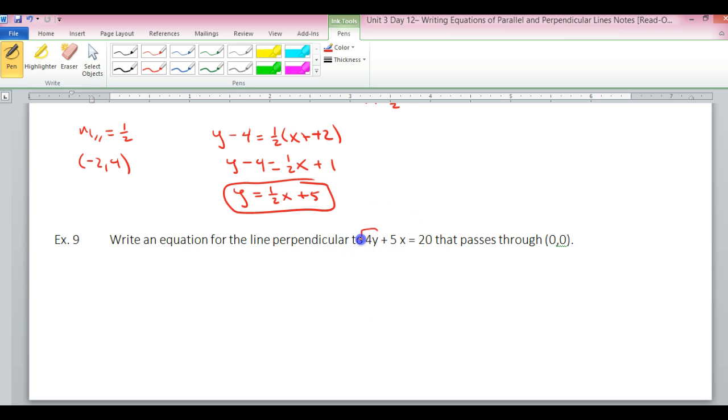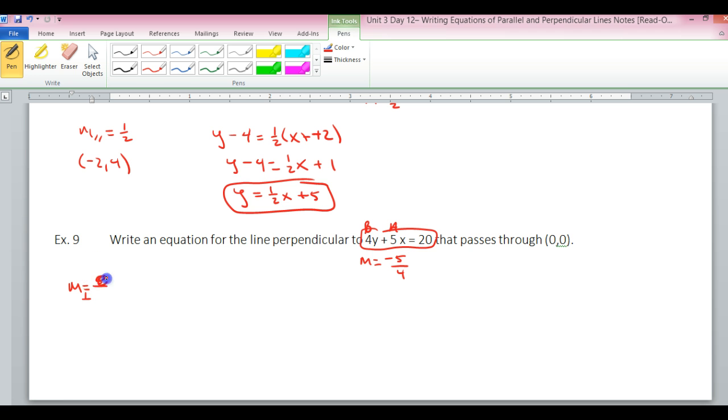Okay? Slope of this line. It's definitely not in standard form. But if I look, the coefficient of x is a, coefficient of y is b. So when I go to find the slope of this line, the opposite of a is -5 over b, which is 4. Okay, so the slope of my line perpendicular would be the opposite reciprocal. Opposite of negative is positive.